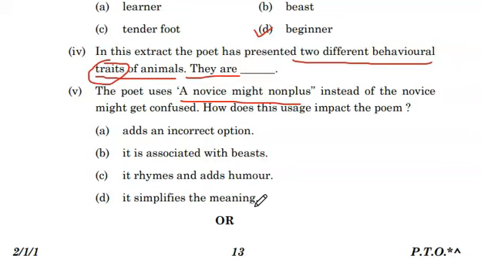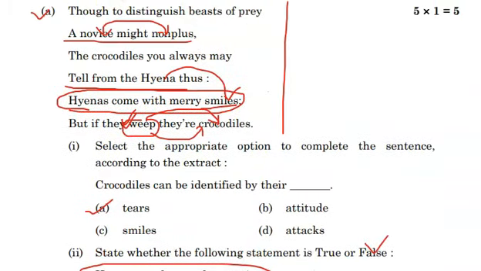So what should be your answer? Your answer should be it rhymes, novice and nonplus, and adds humor. So here when you see nonplus and thus, they are rhyming with each other, so it is rhyming with thus and it adds humor.